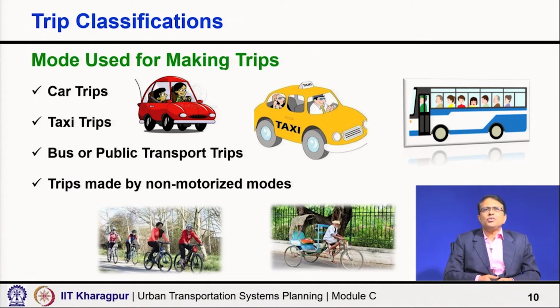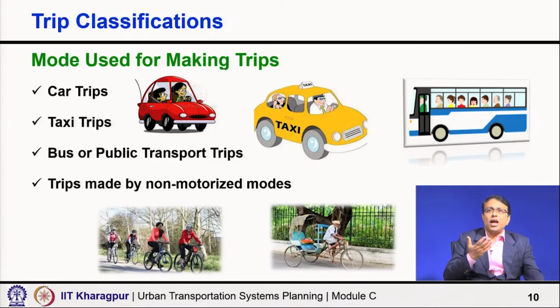So, maybe my interest could be, if I am working on the public transport, how to improve public transport, how to bring more people to public transport. If that is my key objective, then I may be interested to know that trip matrix separately, who are the car users, who are the taxi users, who are the public transport users, how many are using non-motorized mode. Or even if I want to promote non-motorized mode, it is very important for me to have a trip classification in that manner.